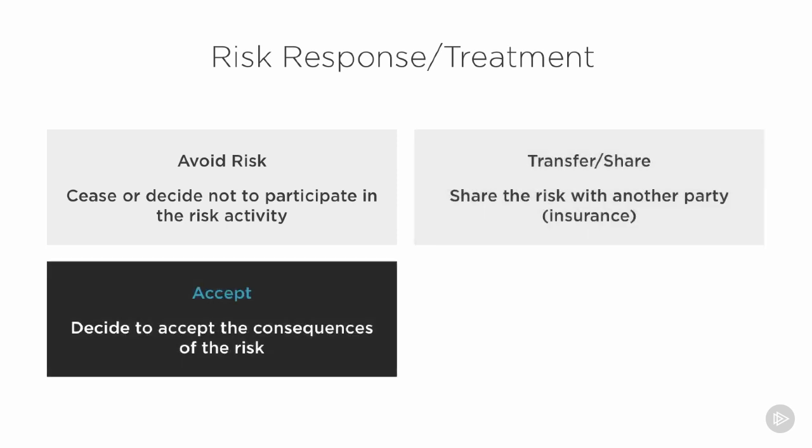In some cases, we just can live with the risk. We can accept it. To accept it, we understand that if something bad happens, it'll cost us whatever it costs, but it's an amount that we're willing to pay. Now, deciding to accept the consequence of the risk is very often a senior management decision, but that has to be made with a clear knowledge of what that risk is.